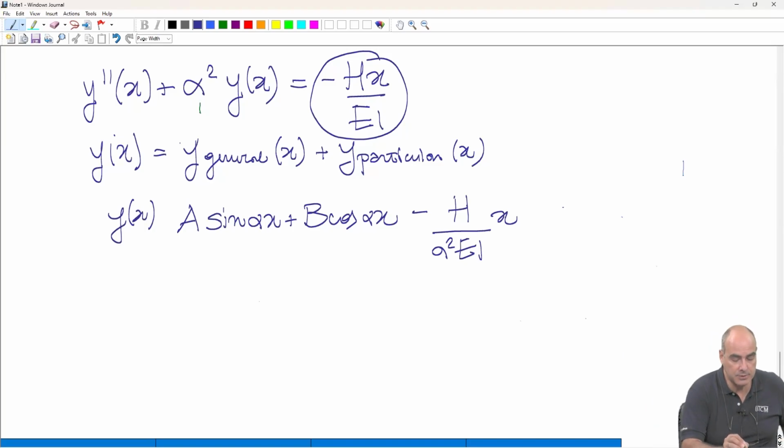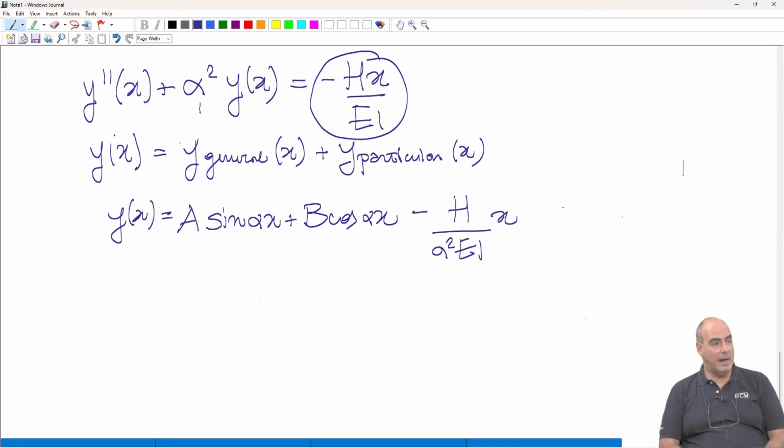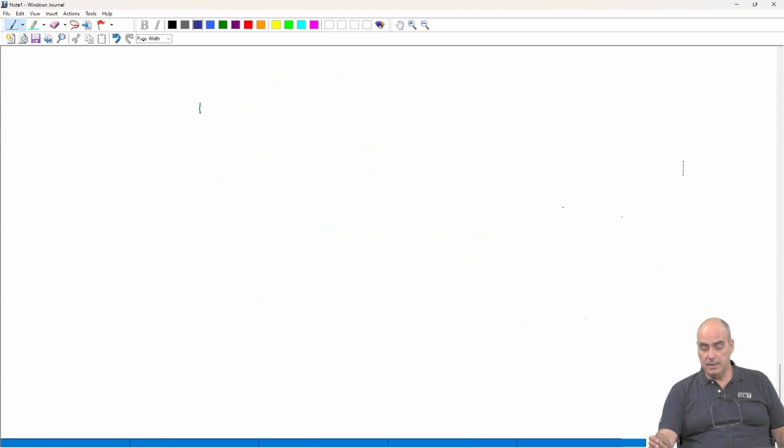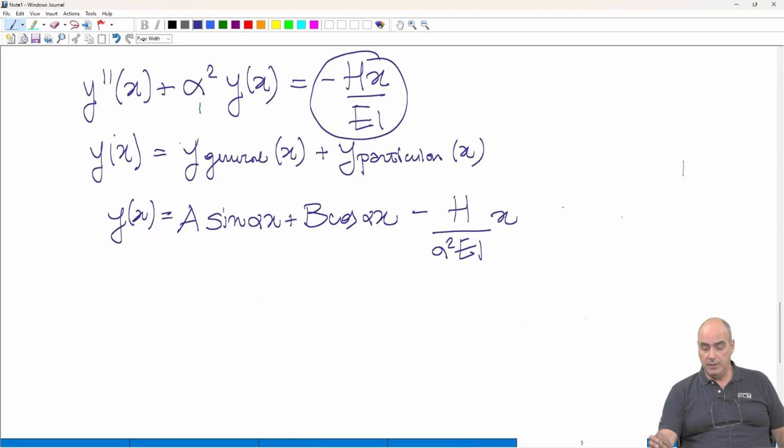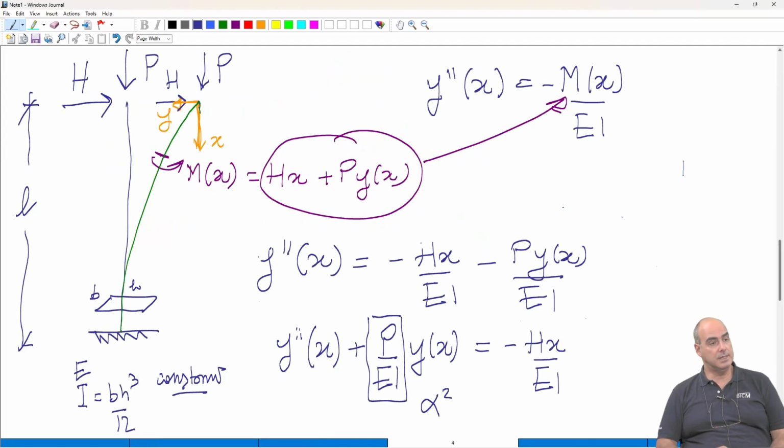So this is our solution, and it depends on two constants, A and B. So in order to calculate A and B, we have to write the boundary conditions. And which are the boundary conditions in this case?